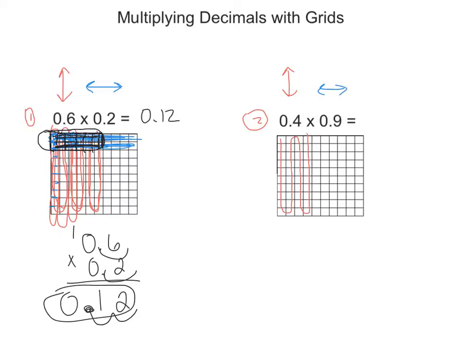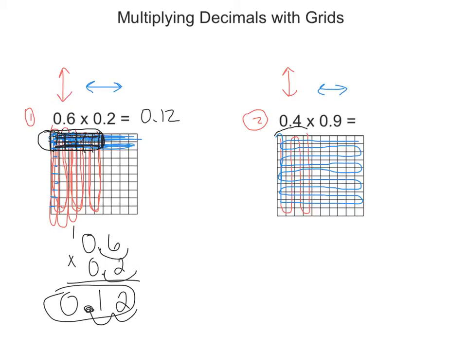And like I showed you in the first example, I could just count 9 boxes of each row, but it is faster to just go ahead and horizontally do 9 rows. Eight, 9 rows.